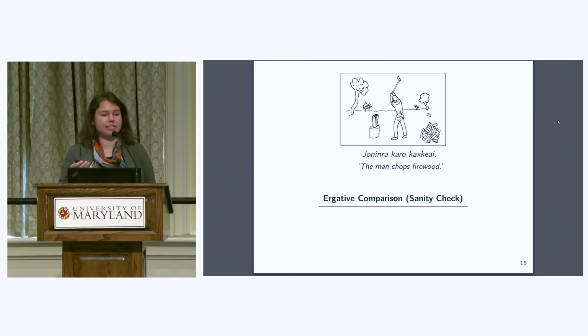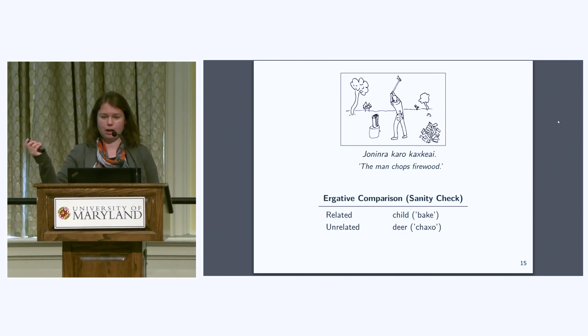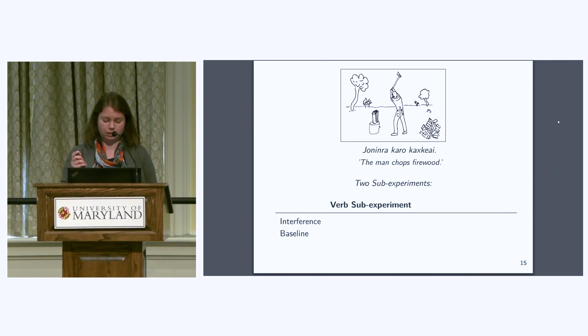So we always wanted to have a sanity check just to check that our methodology is working, and so we have always conditions that are checking for semantic interference on that ergative noun. So we've got that pair here. And then our critical manipulation is dividing this up into 2 sub-experiments, one targeting verb co-planning, if it exists.